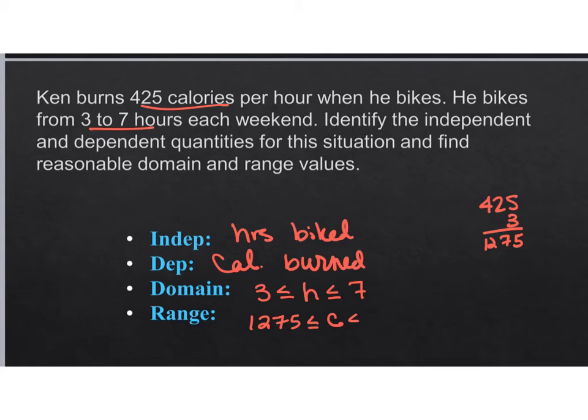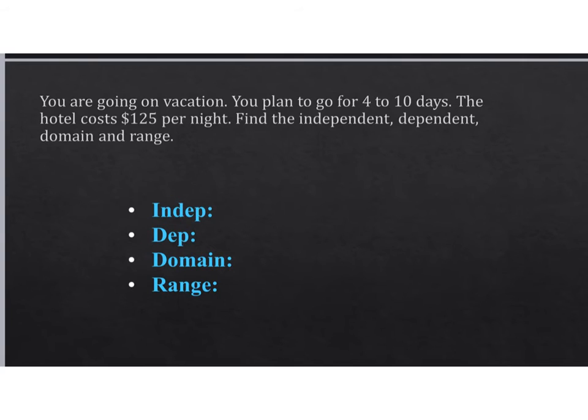I'll put a C for calories. And then if he goes 7 hours, we're going to take that 425, multiply it by 7, and we get 2,975. So he's going to burn anywhere between 1,275 calories and 2,975 calories.